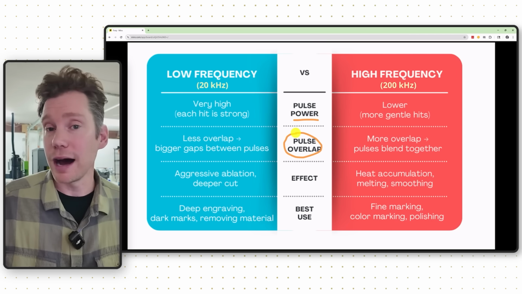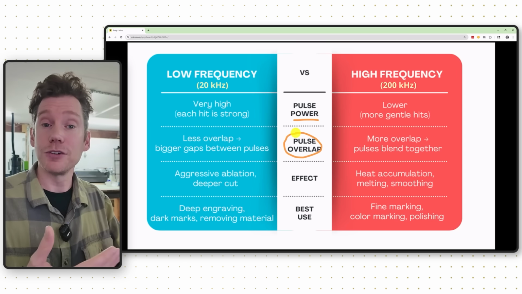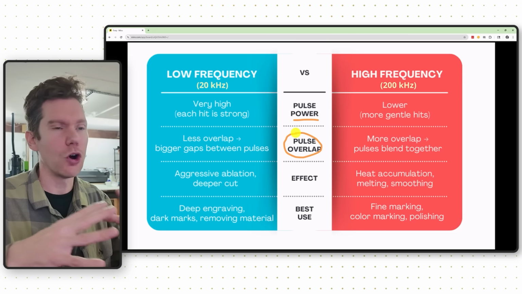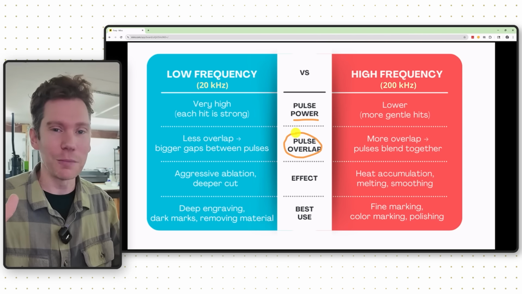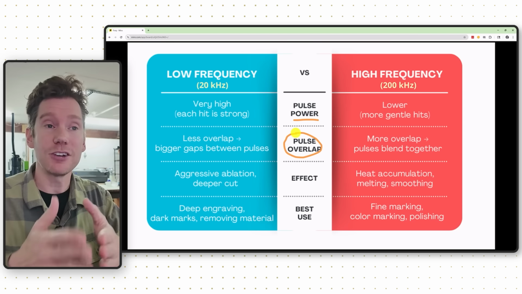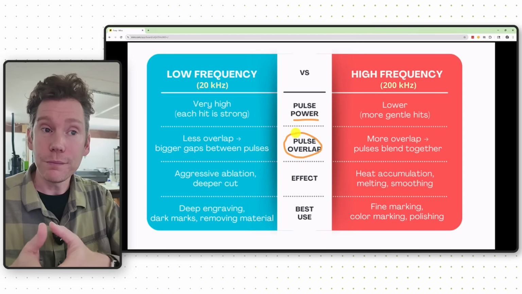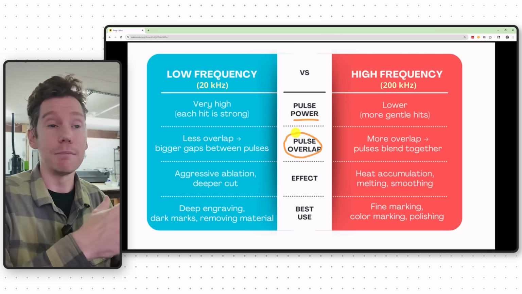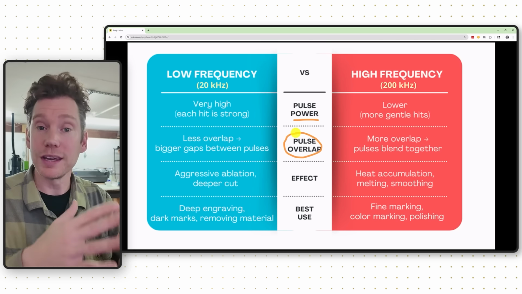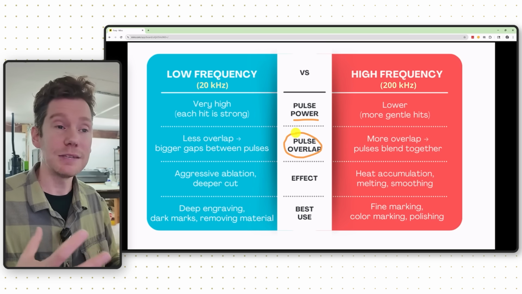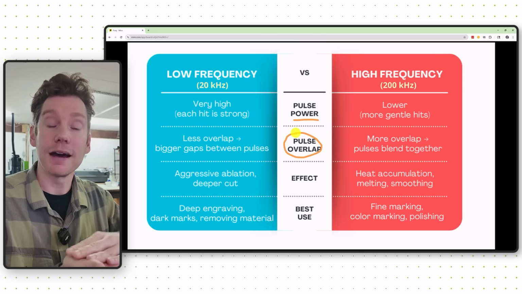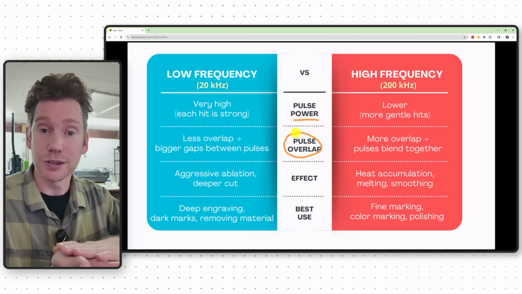Compare that to our high frequency. Each individual pulse is going to carry less energy overall, but there's just going to be so many more of them. There's so many more pulses happening in quick succession. They start to overlap more. And what happens is you start to accumulate heat. You'll get melting effects, and you'll get smoothing and polishing effects. And that's because the laser overall is going to spend more time in contact with the surface of your material, right?